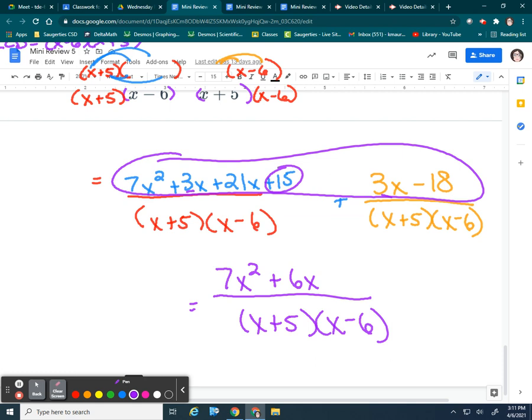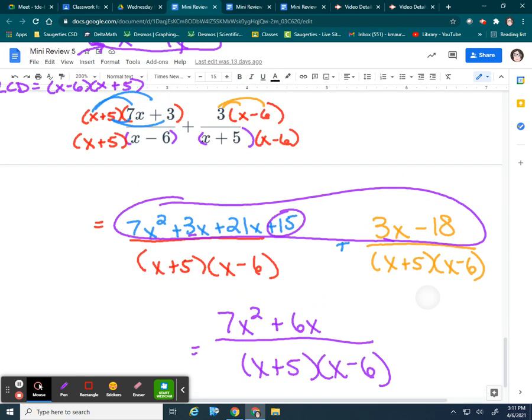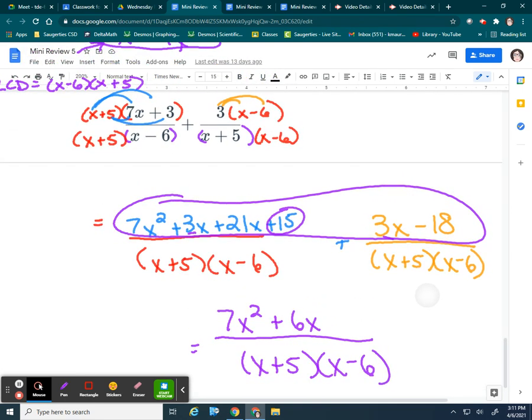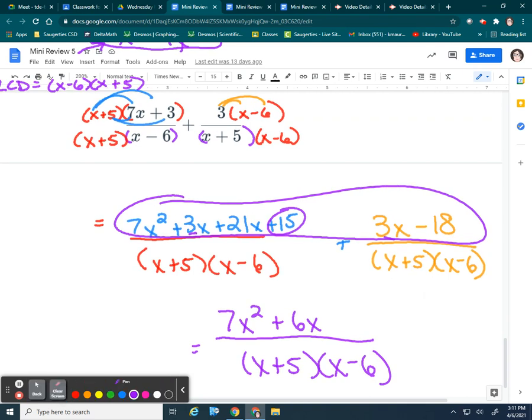Wait a second, I think I'm missing something. Hold on. Well, 15 minus 18 is 3. 7x. Oops. I made a mistake. Hopefully you guys were chomping at the bit with that one. 5 times 7x is 35x.